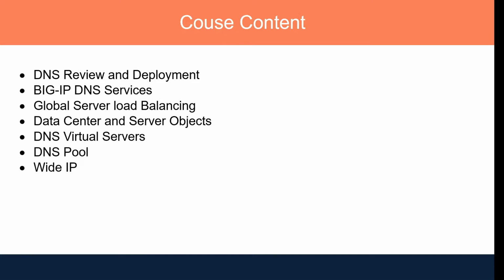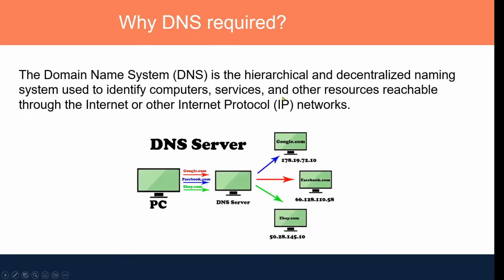Now, if we talk about DNS, what is DNS and why is DNS required? As you know, DNS is the Domain Name System, a hierarchical and decentralized naming system which is used to resolve domain names into IPs. Humans are really great at learning names, not numbers, and machines work on numbers.